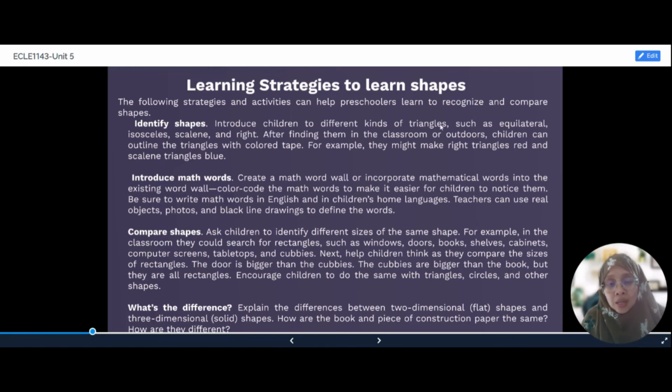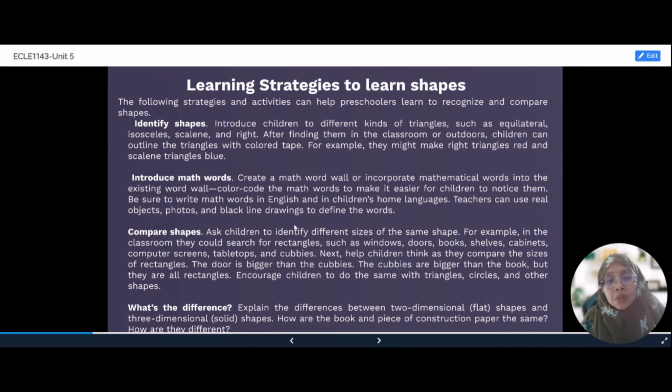If not using a different kind of triangle, we can use a different kind of shapes as well. And introduce math words. Make sure that you use the right words to represent the shapes itself.